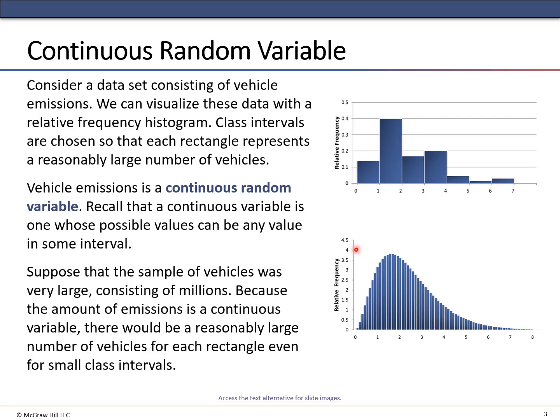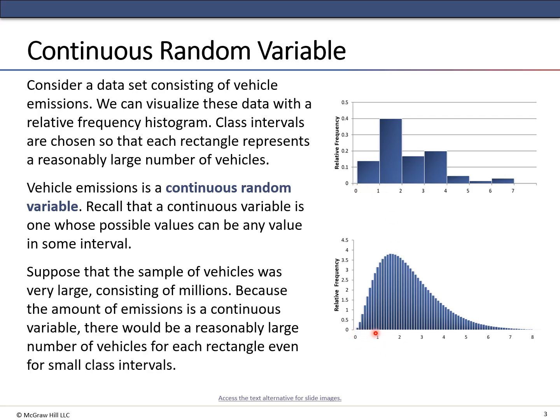Suppose that the sample of vehicles was very large, consisting of millions. Because the amount of emissions is a continuous variable, there would be a reasonably large number of vehicles for each rectangle, even for smaller classes. You can see in the original one, we had one class for all emissions between 0 and 1.